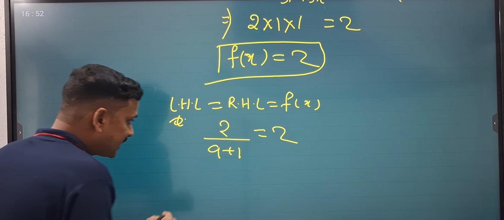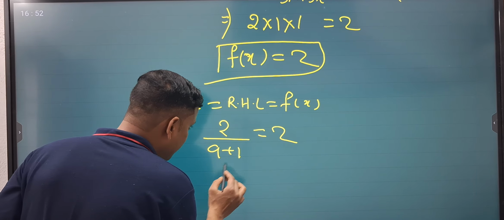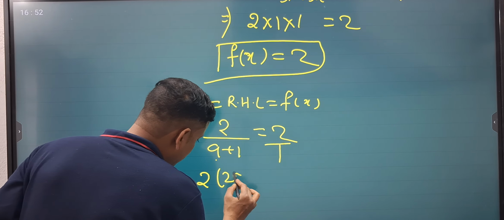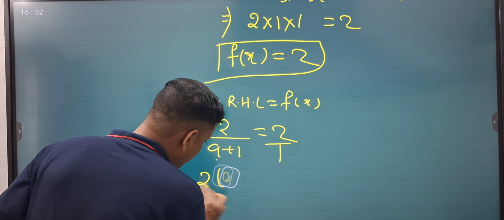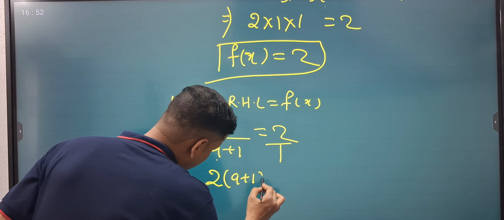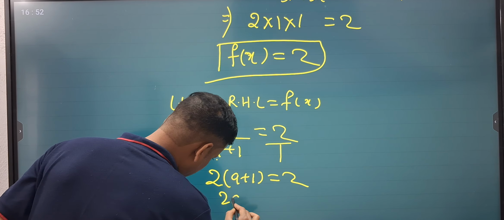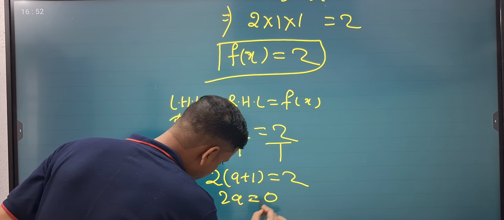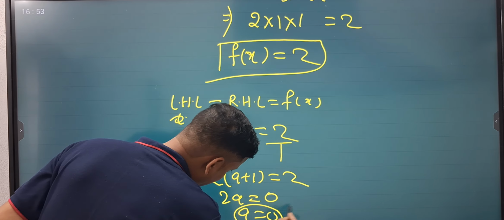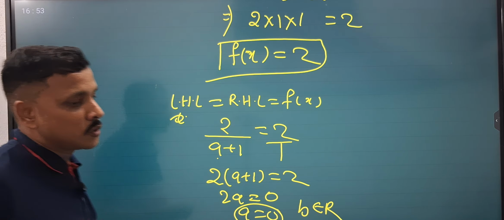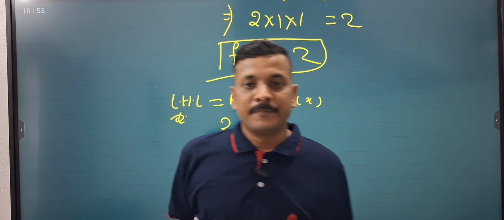So from here you can get the value of a. If you multiply this, you will get 2 into a plus 1 equals 2, so a equals 0, and b is a real number that is not equal to 0. So I found a and b.